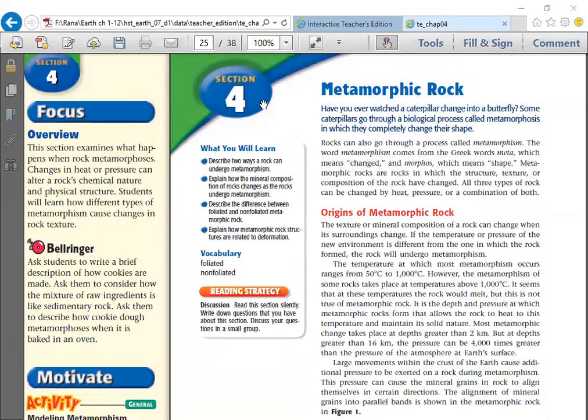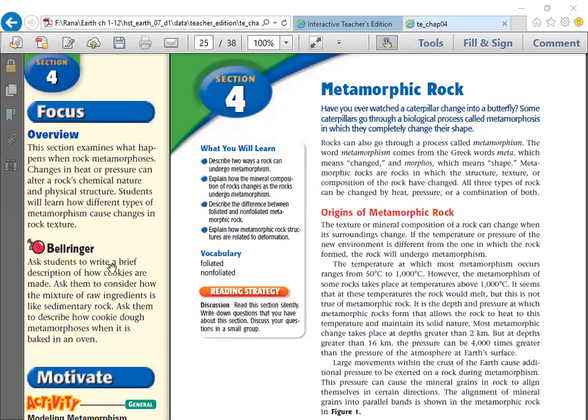Who can remind me what the origin of metamorphic rock is, guys? Yes, Nano? Any other rock, like sedimentary or igneous? Excellent. Any other rock, sedimentary or igneous, or even a metamorphic rock. So any of the three types of rocks could be changed into metamorphic rock.